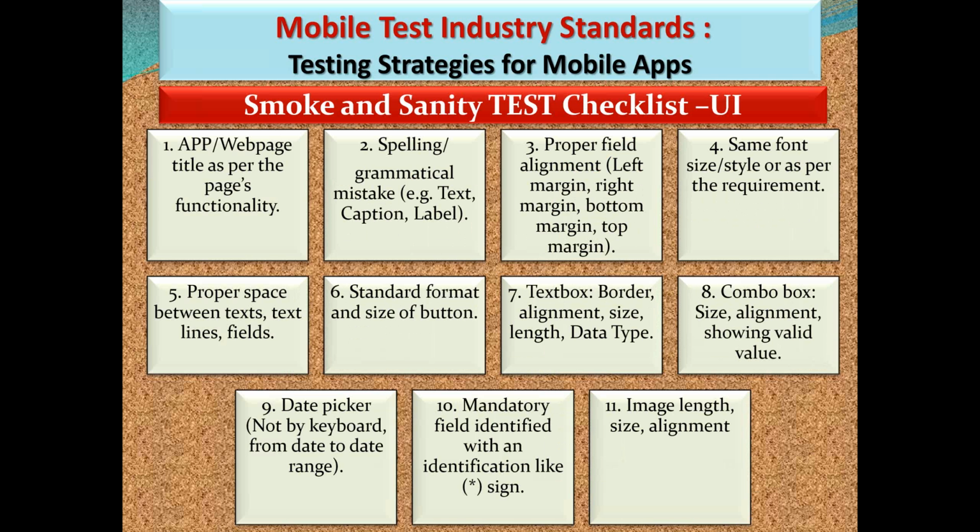If it's letters, it should not accept anything else. The same applies to the combo box, and you also have to make sure that it's showing the valid values. Date picker, this is where usually problems come from, not only by keyboard but also date to date range.